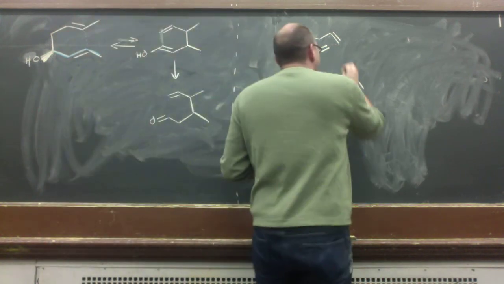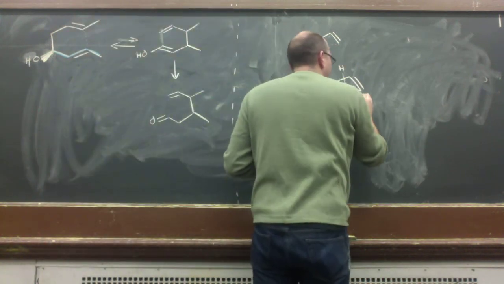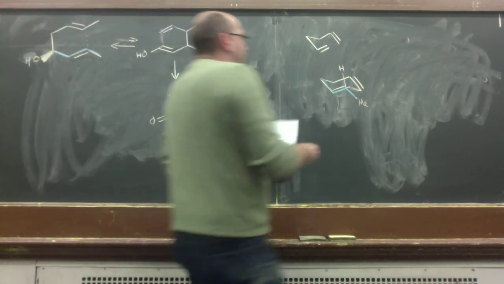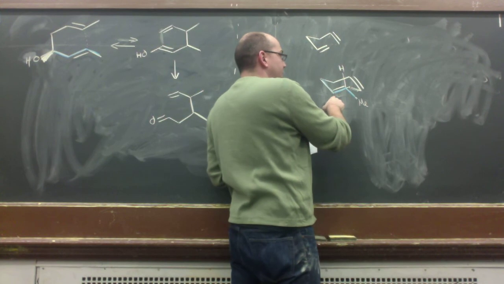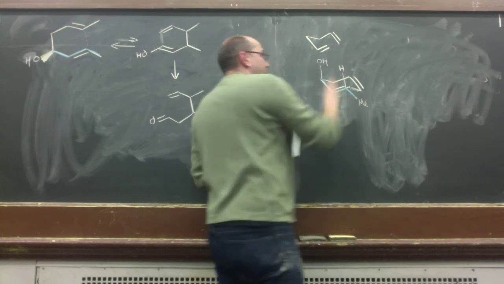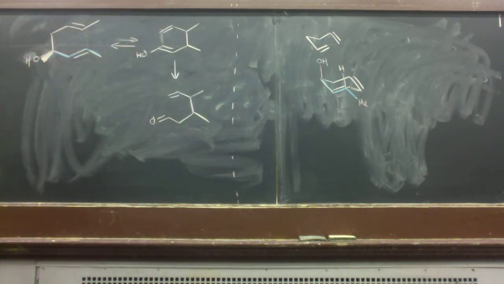So proton up, Me down. Now, in the case that we have drawn here, we also have the hydroxyl, which in this transition state, as I've drawn, is going up. We can address that later on if we want to.